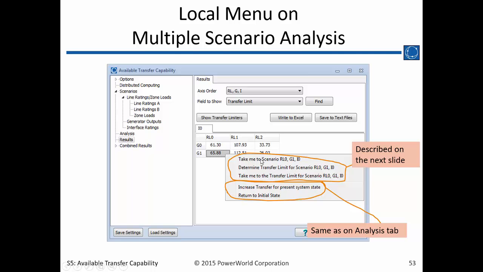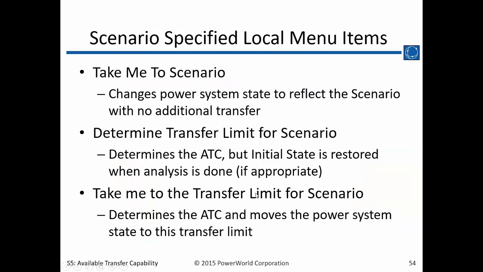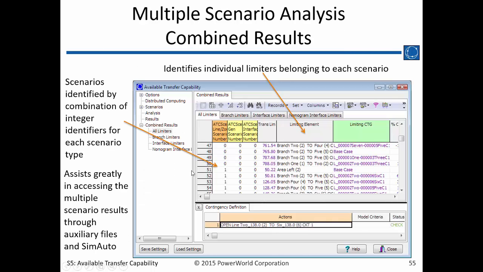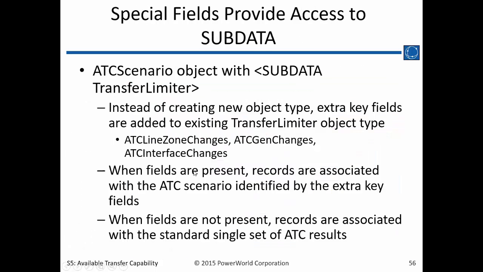If you just want to rerun the ATC for a certain scenario, you can also access that option under Determine Transfer Limit just for that scenario. Returning to the initial state is also pretty handy. More details on each of those options are on the slides. And again, you can also look at one table with all the results in it.